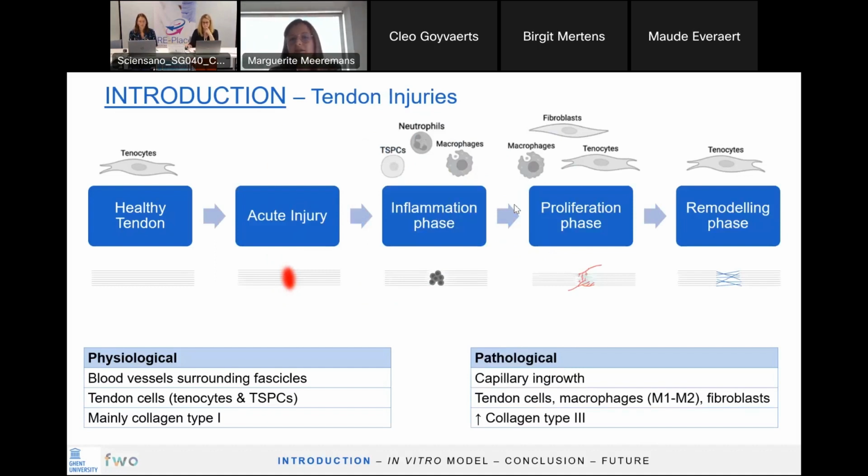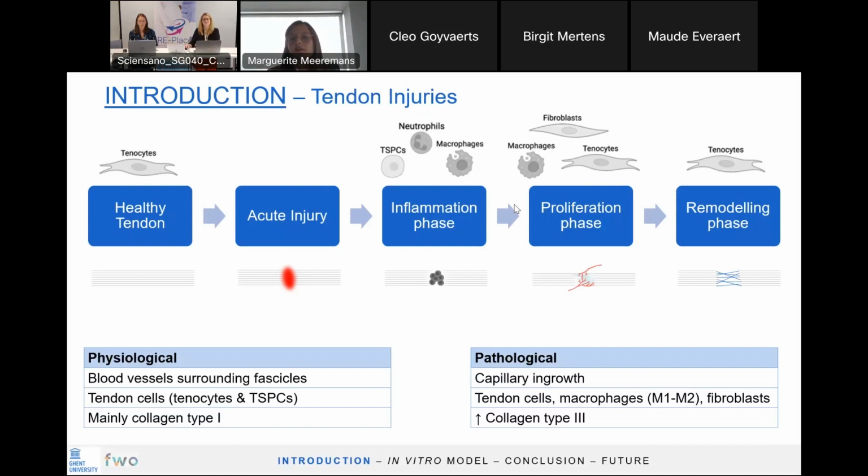Upon injury, there's an influx of inflammatory cells. There is new blood vessel formation and capillary ingrowth during the inflammation phase. In a subsequent proliferation phase, new extracellular matrix is formed. However, this mainly contains collagen type 3 instead of collagen type 1, which is less elastic and more stiff in comparison to the normal collagen.